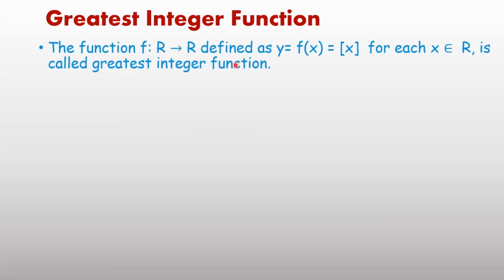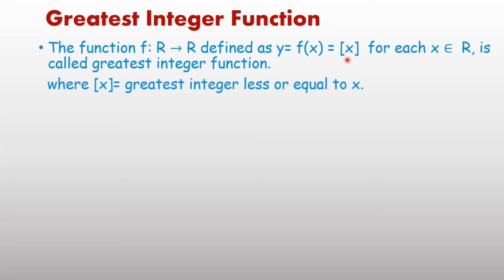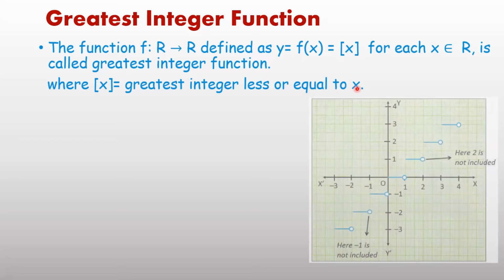Now next, the greatest integer function. The symbol for the greatest integer function is this. In this bracket you have to write x. It is known as the greatest integer function, defined as the greatest integer less than or equal to x.